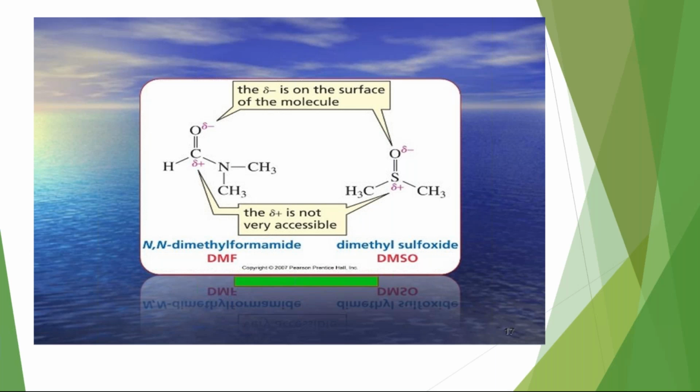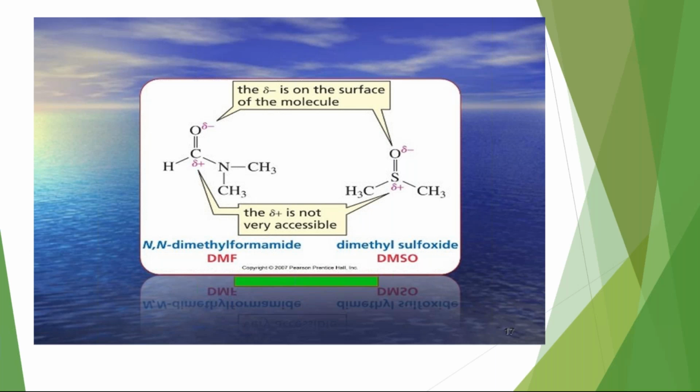So these are the structures of DMF and DMSO. You can see N,N-dimethyl formamide is nothing but DMF and dimethyl sulfoxide is DMSO. The oxygen has a partial negative charge which is on the surface of the molecule. And in DMSO also the oxygen has a partial negative charge which is on the surface of the molecule. Whereas the carbon and sulfur have the partial positive charge.